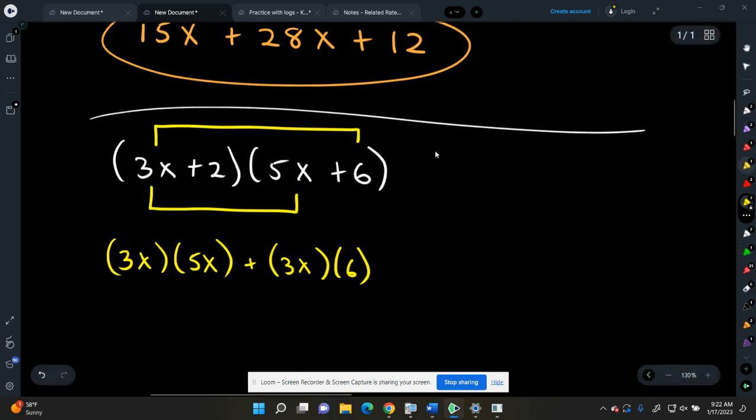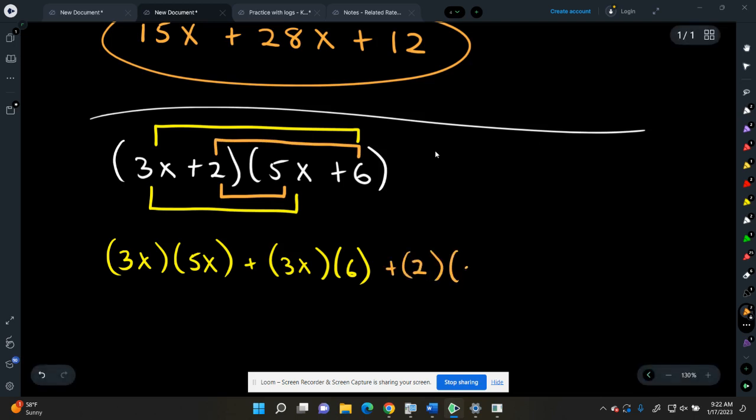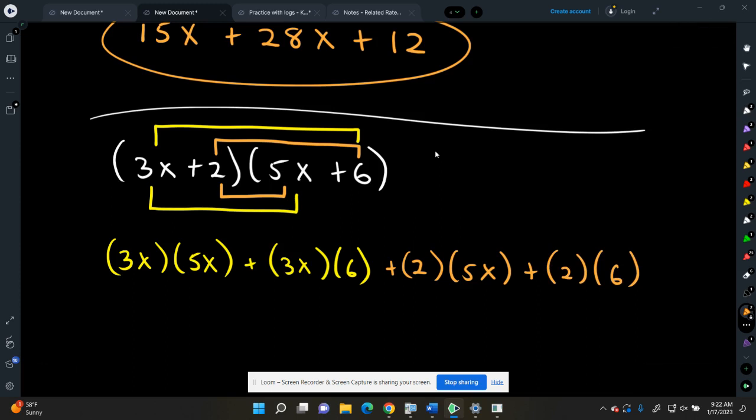And then I take the next term, the 2, and I multiply it times everything in the other parenthesis. So we do 2 times 5x plus 2 times 6.